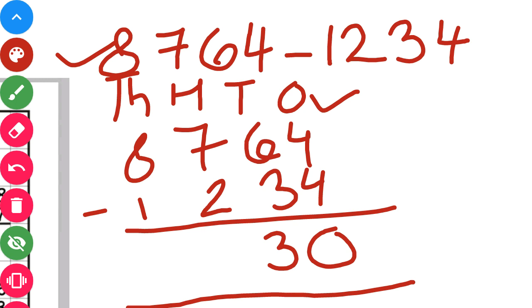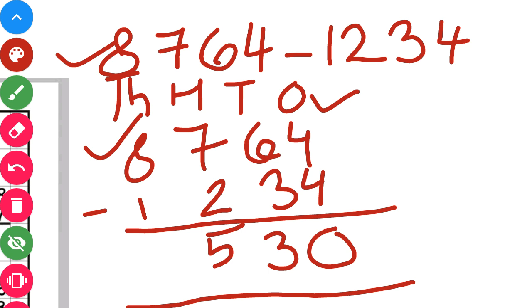Now 7 minus 2. Suppose you have 7 chocolates and you gave 2 chocolates to your younger brother. How many chocolates will remain with you? 5. And 8 here. 8 minus 1. What will you get when you take away 1 from 8? Or what is the predecessor of 8? Let me remind you of that also.